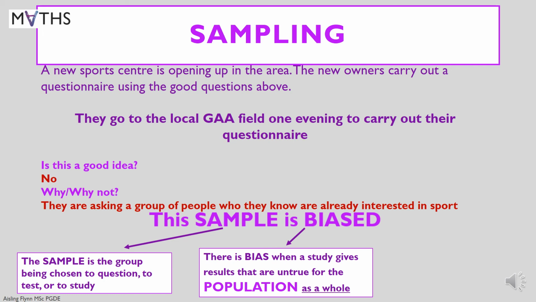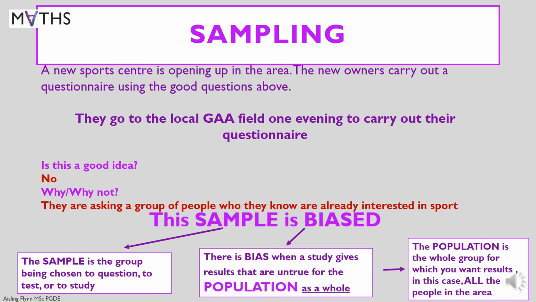In this example, they're only asking sporty people. There may be 100 people in the field that night. The whole rest of the area might have zero interest in sport, and they won't have found that out. The population refers to the whole group for which you want results, in this case, all the people in the area.